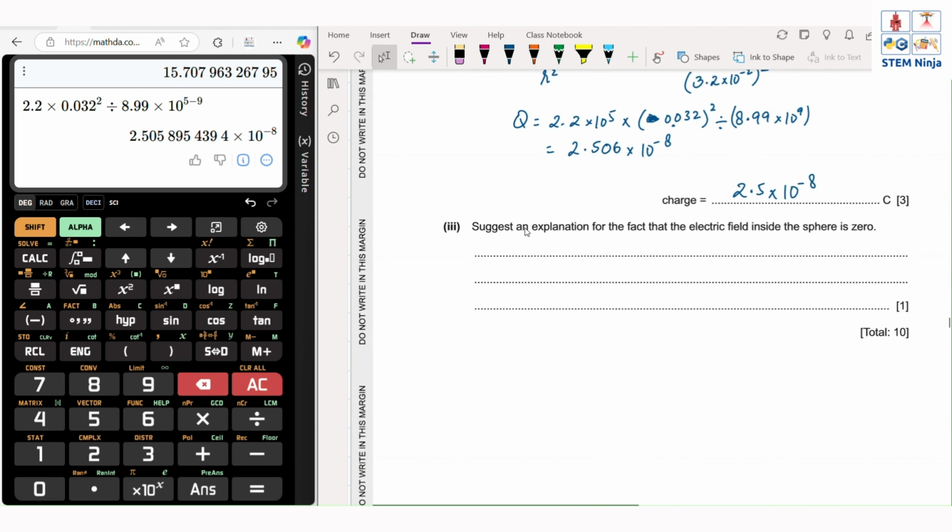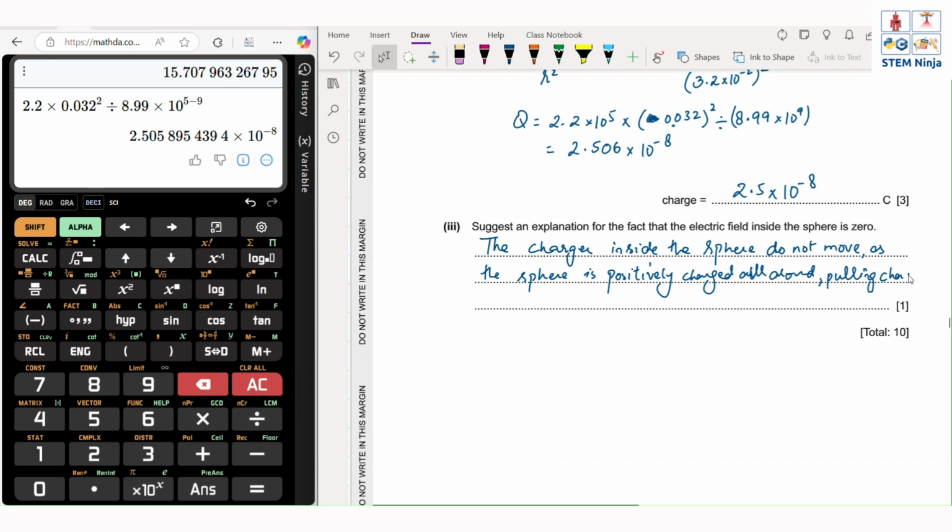So we could say that the charges inside the sphere do not move, as the sphere is positively charged all around, pulling charges in all directions. So no electric field inside the sphere.